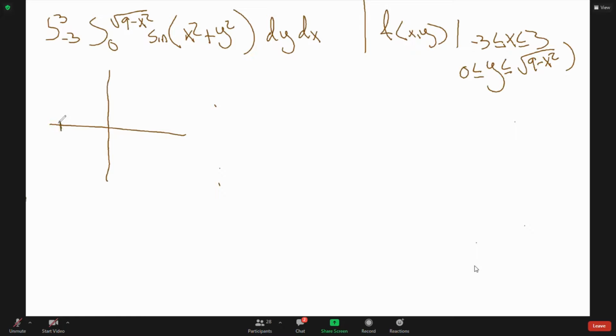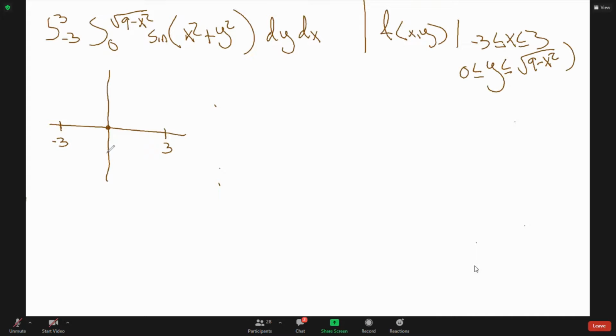Yeah, so here, there. And y between 0, what is y equals 0? Y equals 0 is the x-axis, right? That's the lower curve. What is the upper curve? Y equals square root of 9 minus x squared.